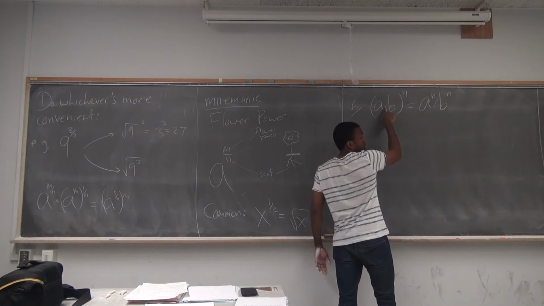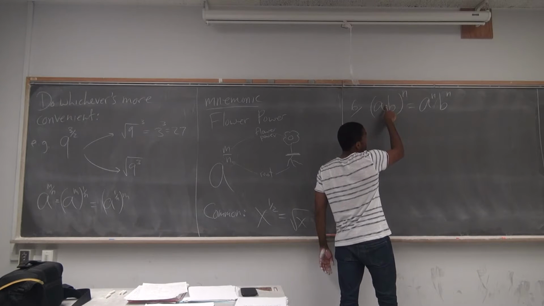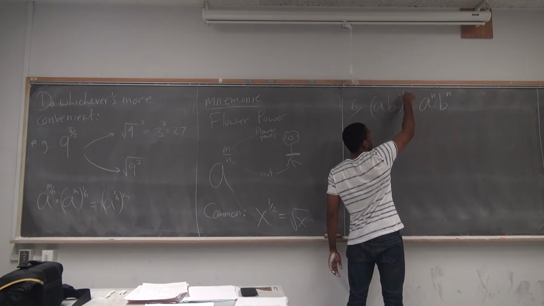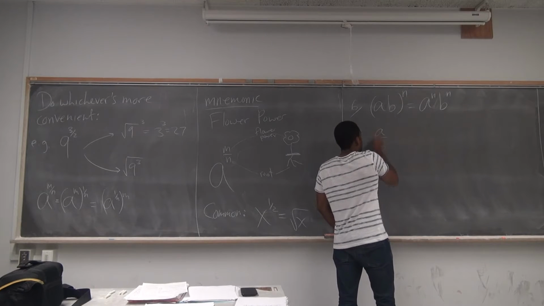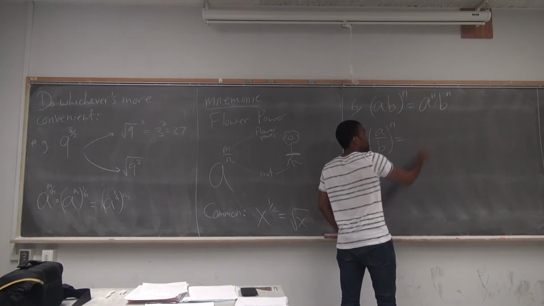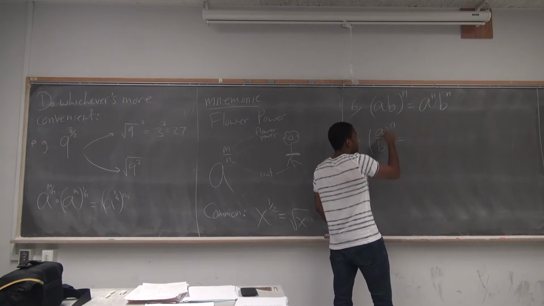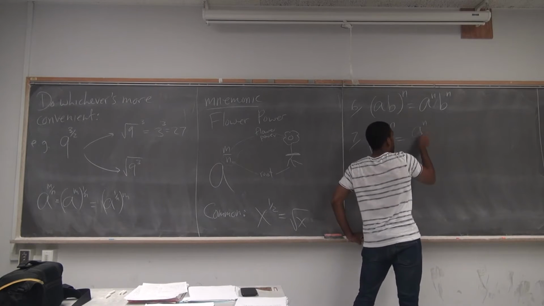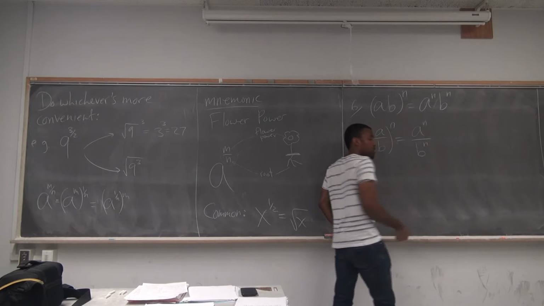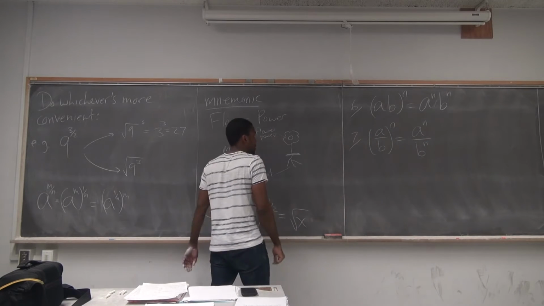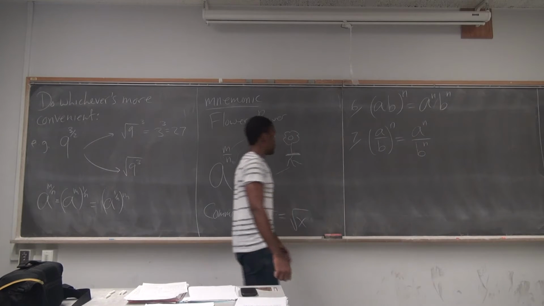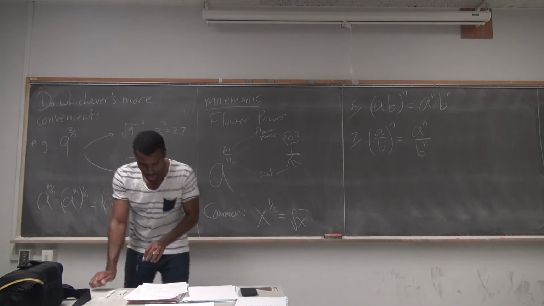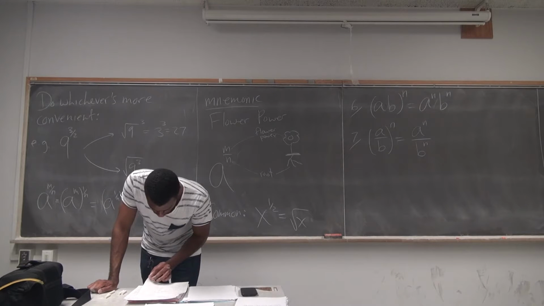If there's a plus or minus here, it's not going to work. But if there's a multiplication, I can take the power and attach it to each part. Similarly for division, powers distribute across divisions. If I have a fraction raised to a power, I can raise the numerator to that power, divided by the denominator raised to that power, and it'll still work. That's just reminding you of the rules. I think a lot of you remember those already.